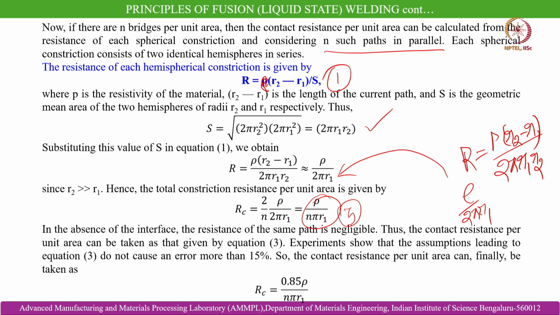So the contact resistance per unit area can finally be taken, considering this 15% error, as Rc is equal to 0.85 of rho by n pi R1. This is the final expression for the contact resistance per unit area, considering the error involved.